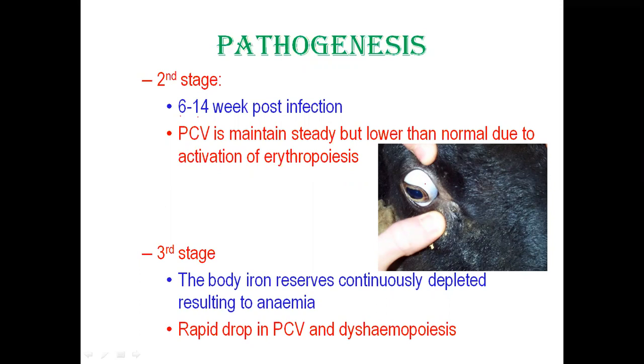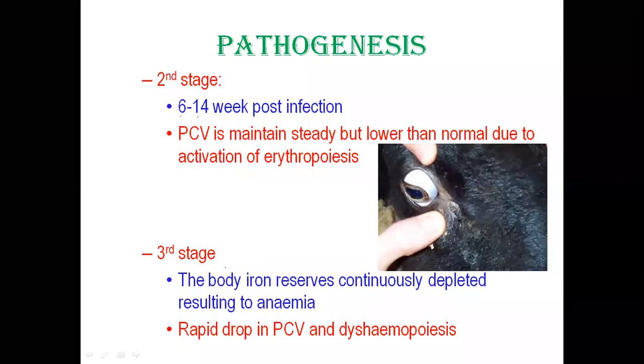The animal will not be at all productive in this condition. The animal will suffer from reduced growth rate, reduced milk yield, and reduced wool growth. Not only that, they will be prone to secondary bacterial infections or other parasitic or viral infections, because the immunity is lowered in these conditions.